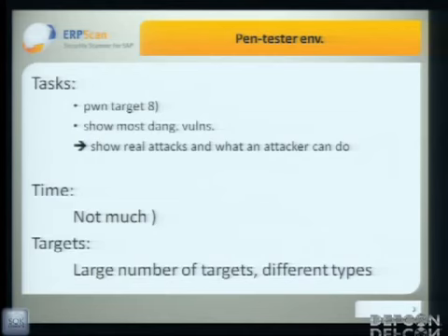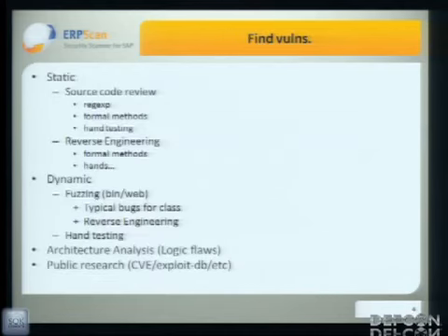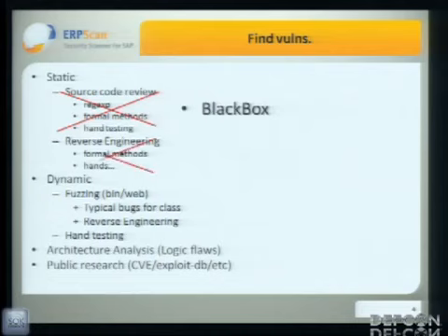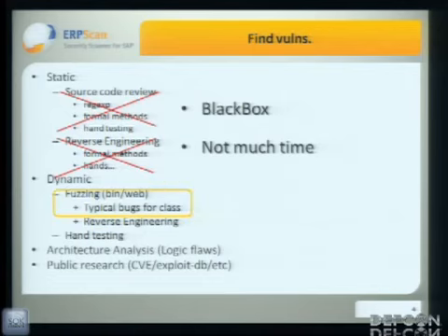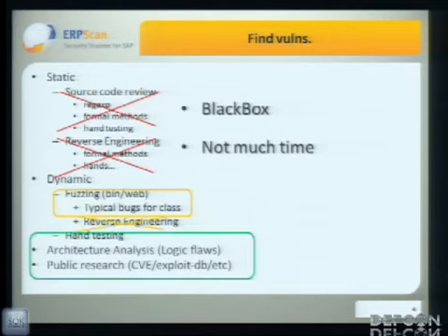It's limited. So we can't use all bug hunting methods like source code review, because it takes a lot of time and we need the source. Reverse engineering, the same reason. We could use a little bit of fuzzing if we have a web app or binary. Anyway, usually we look for logic flaws, searching for bugs, and public research.